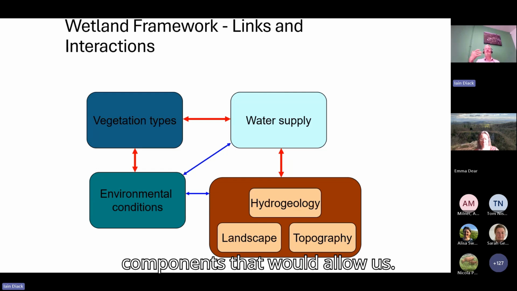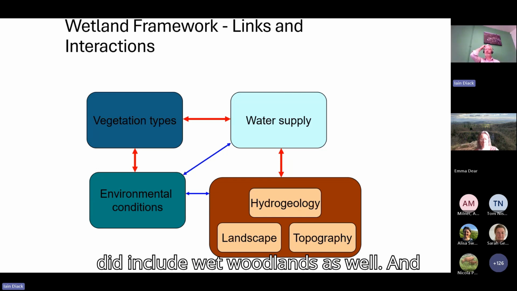The primary motivation was to understand the impacts of things like abstraction and nutrient enrichment on European protected sites, so SACs particularly. So the wetland framework was born, which was based on very detailed study of a lot of wetland sites, some of which did include wet woodlands as well.